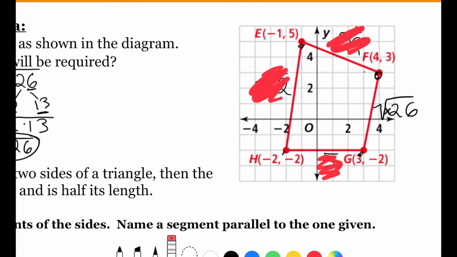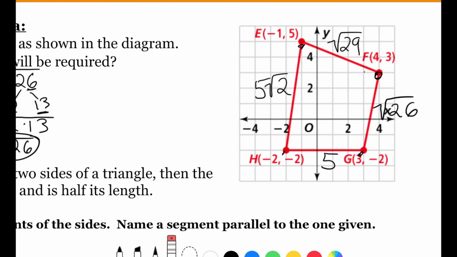So you should have gotten the square root of 29 in between point F and point E. Should have gotten 5 times the square root of 2 in between E and H. And then the easiest, in between H and G, you should have gotten 5.